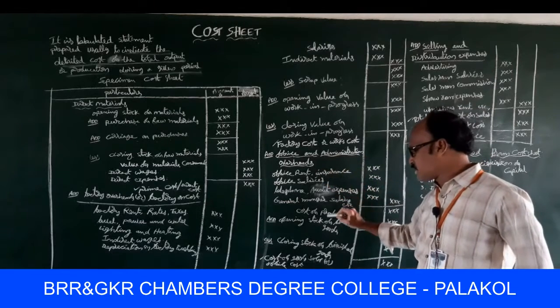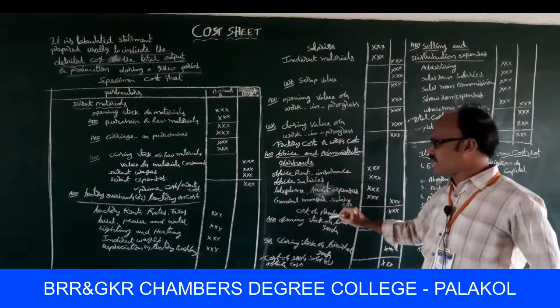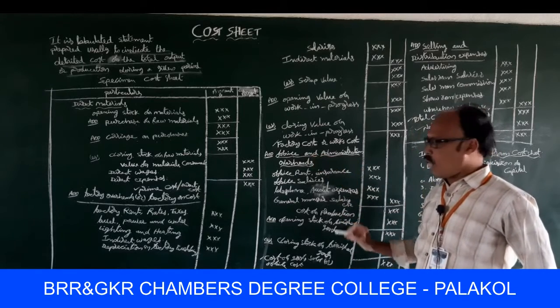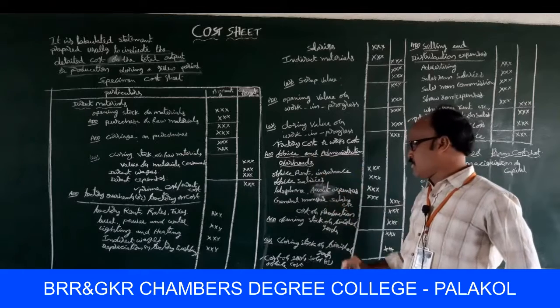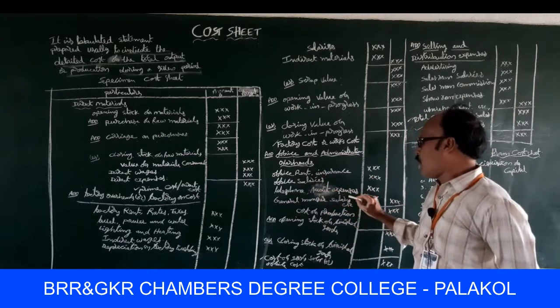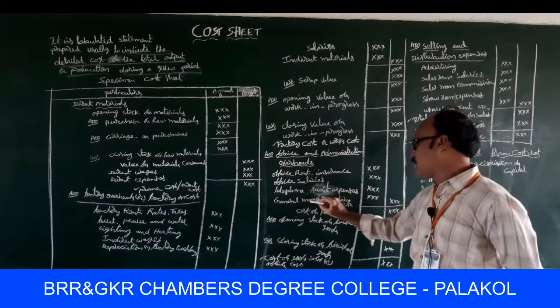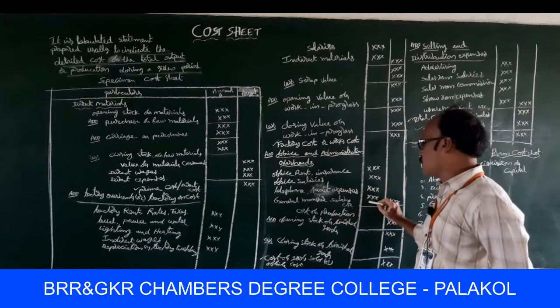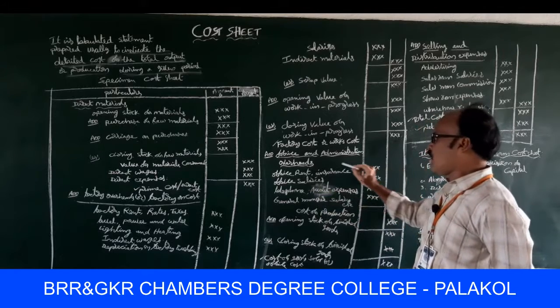These are indirect expenses relating to the office. What are they? Office rent, insurance, office salary, telephone, audit expenses, general manager salary, etc. These are all indirect expenses related to office.